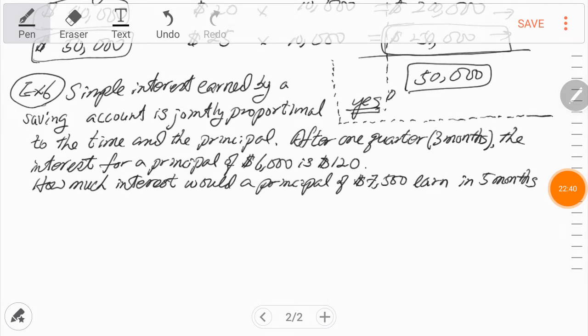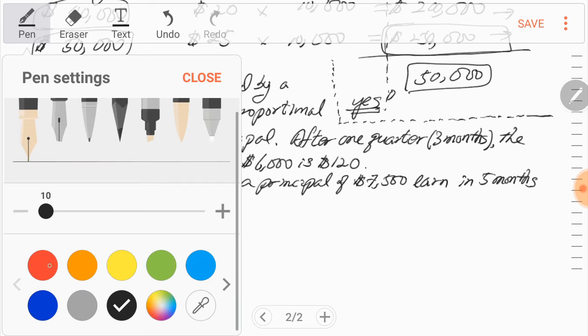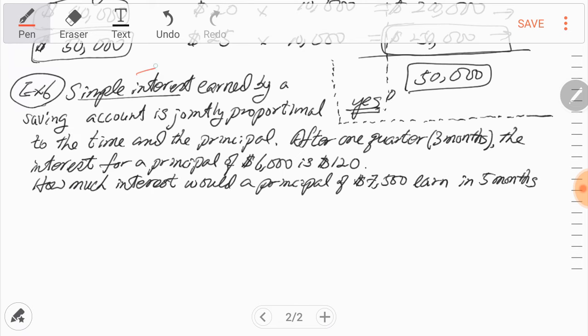Okay, this example is a joint variation. Okay, joint variation is same as direct variation. Okay, so simple interest earned. So let's say simple interest is, let's use variable I. So the simple interest I, okay, earned by a saving account is jointly proportional.